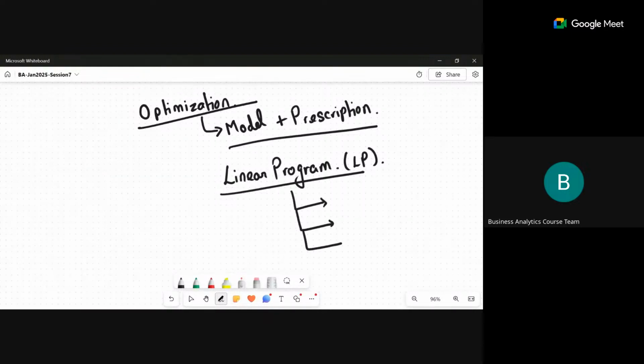Okay, the first one, what is it? Anyone? Any idea? What is the first piece of linear program? The second and the third. Three components.